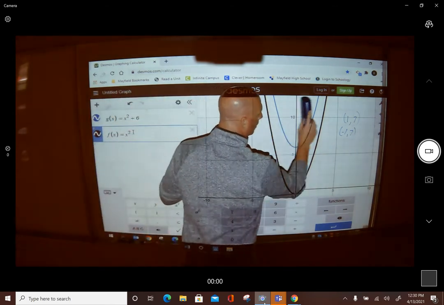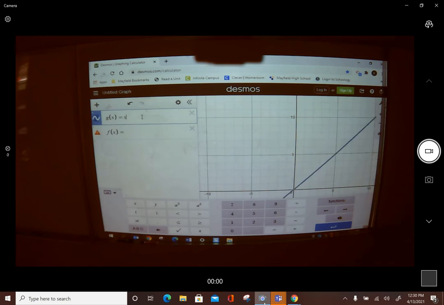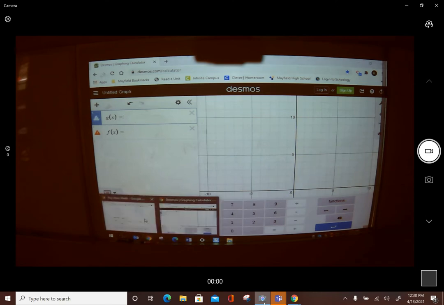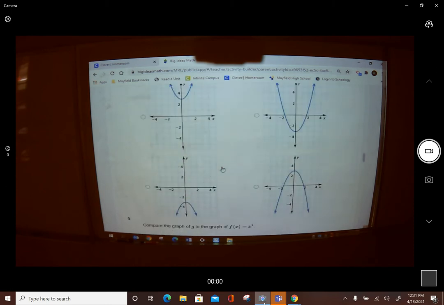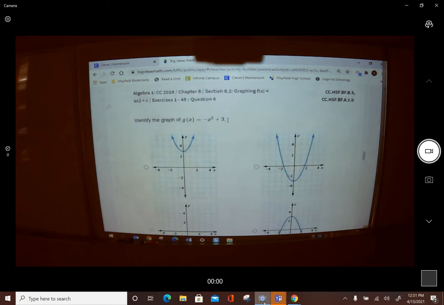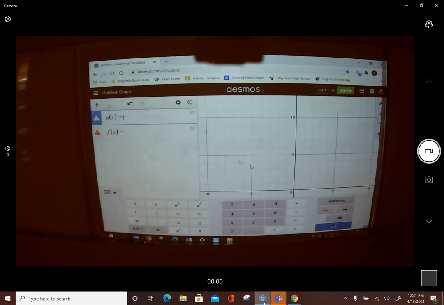Now, let's look at number 9. Number 9 is a lot like this. So first we have to identify the graph of g of x equals negative x squared plus 3.